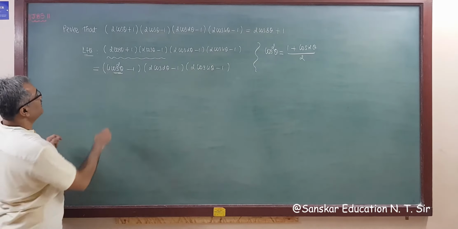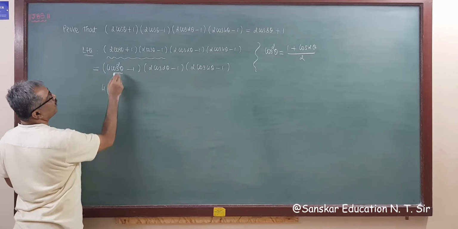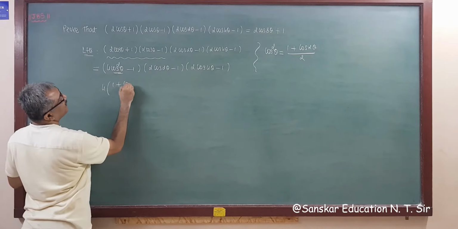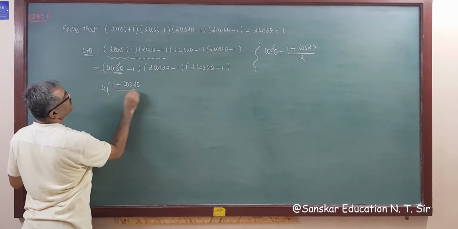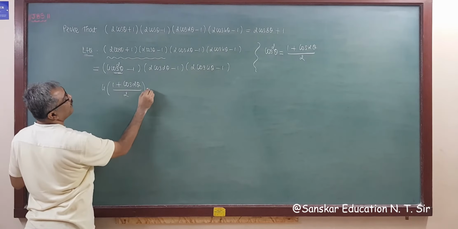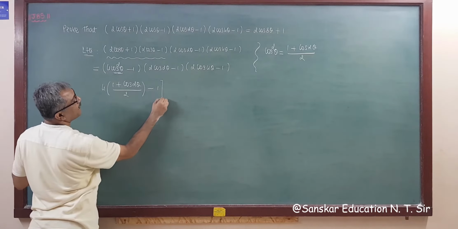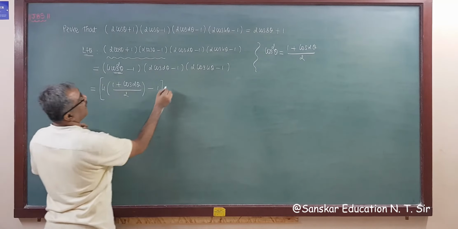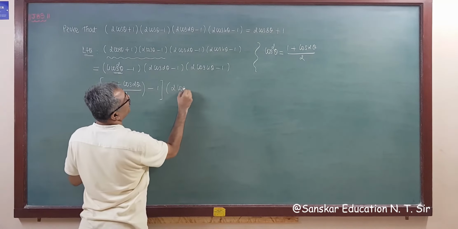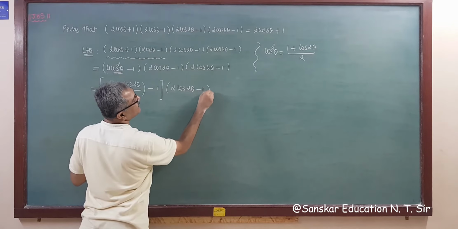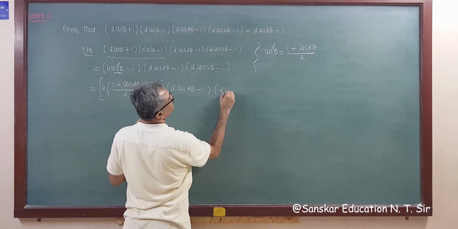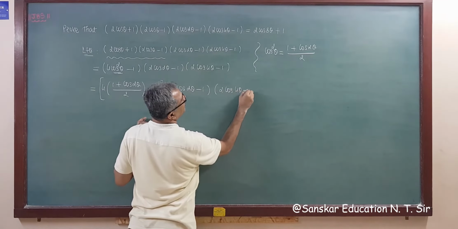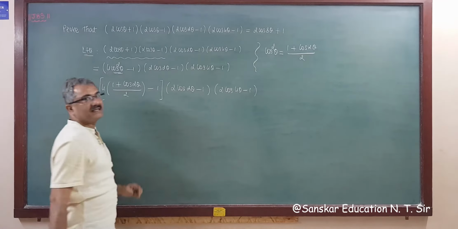So applying this formula here, 4 cos square theta is 4 times (1 plus cos 2 theta) by 2, minus 1, into 2 cos 2 theta minus 1 as it is, and 2 cos 4 theta minus 1 as it is.